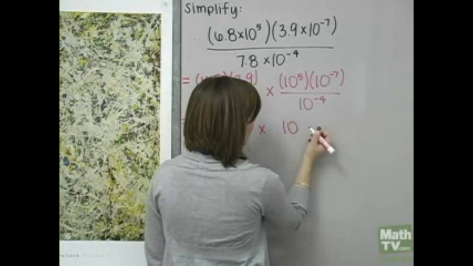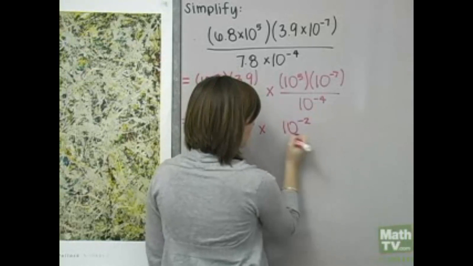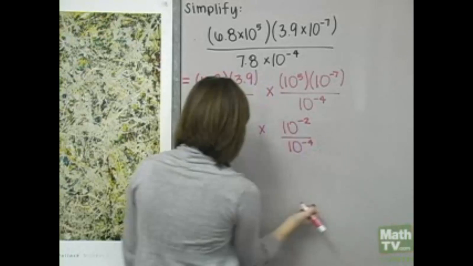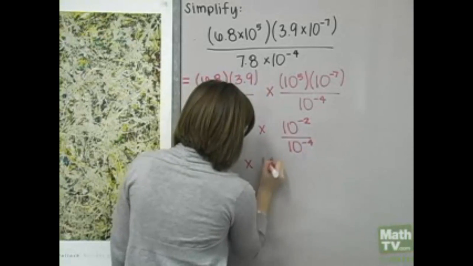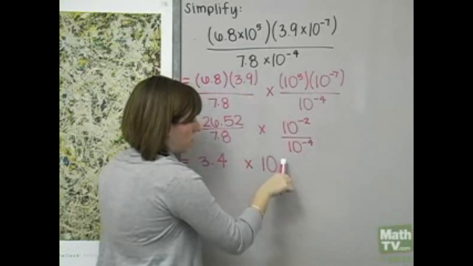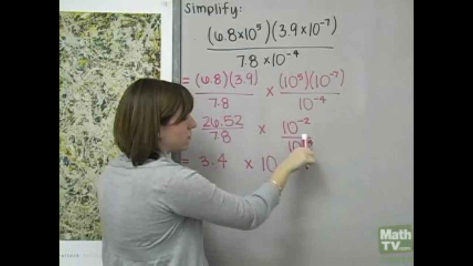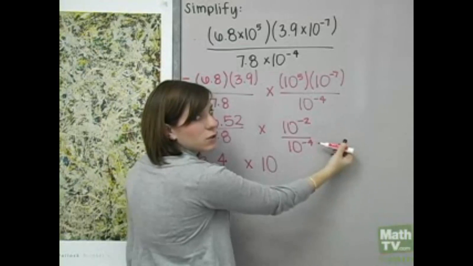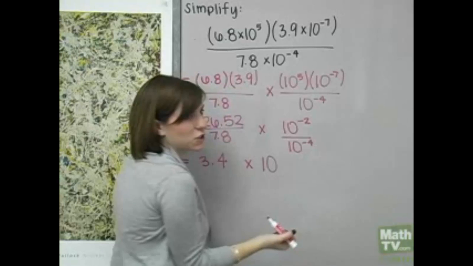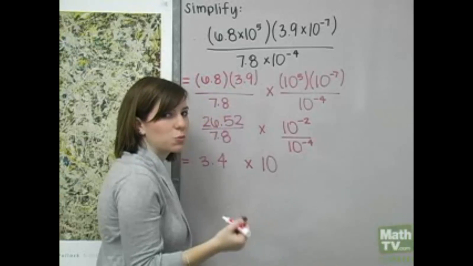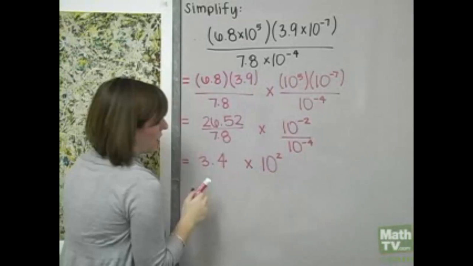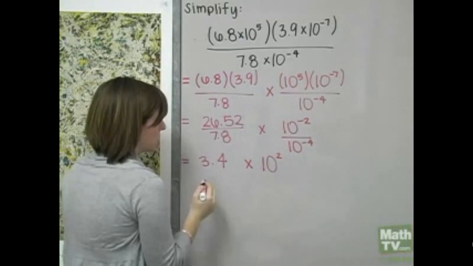So we get 10 to the negative 2 all over 10 to the negative 4. Since we are dividing, we're going to subtract. Negative 2 is greater than negative 4, so we subtract negative 4 from negative 2, which gives us negative 2 plus 4, a positive 2. So we get 3.4 times 10 to the second.